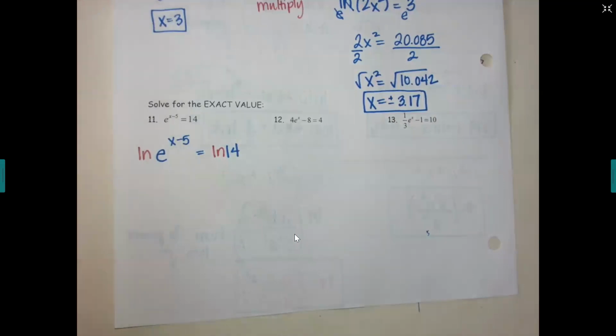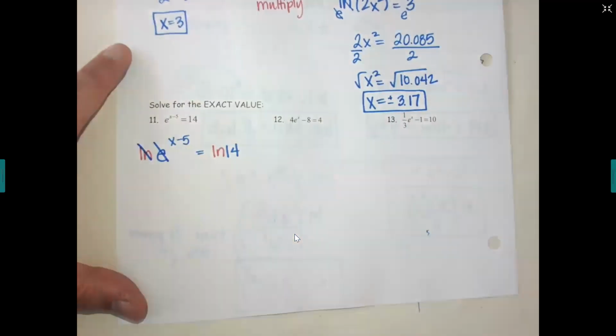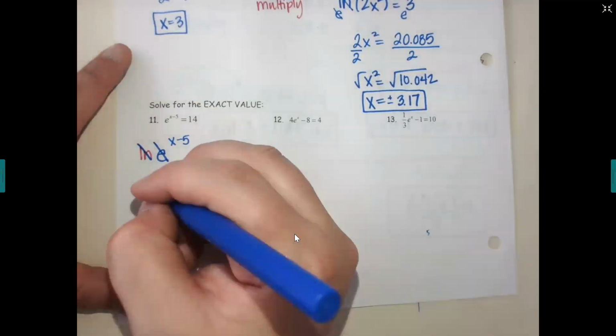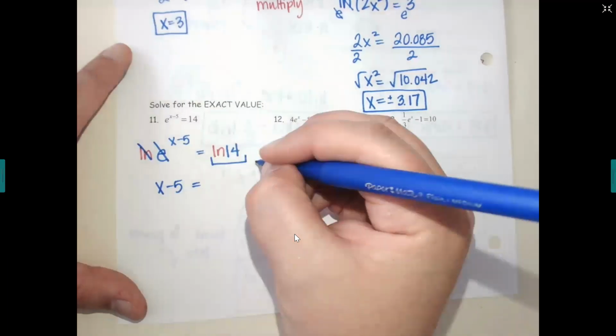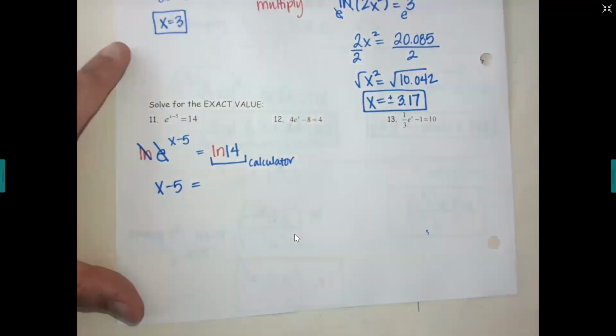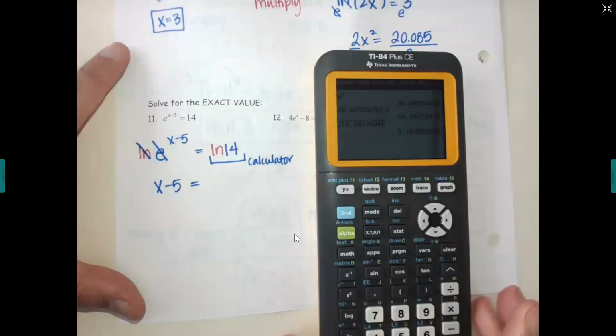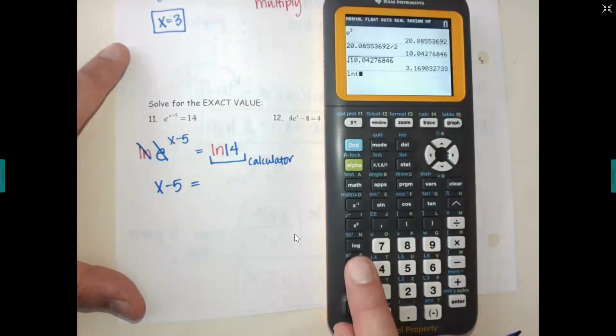But remember, why does ln work? Because that really is a log little e and it crosses out the big E. So these are going to cross out. I have x minus 5 equals, and then the ln of 14 is going to go into your calculator. So I think I showed you where the ln button is in case you forgot. It's down here above on.